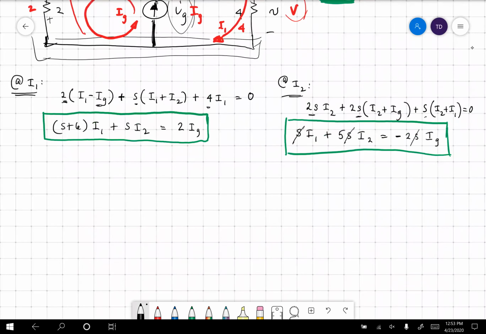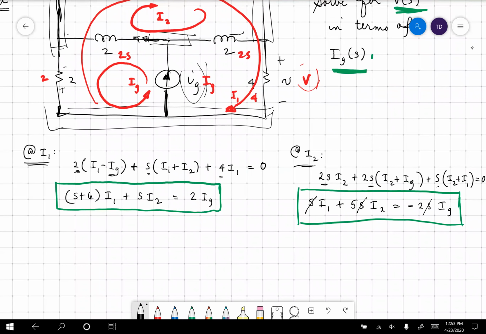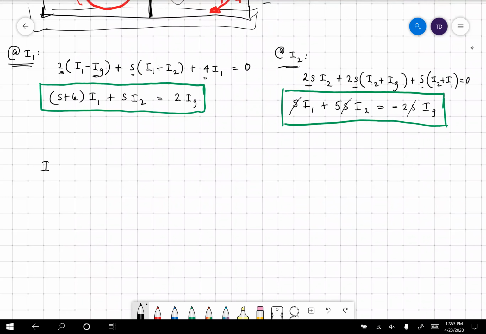So what are we solving for? We're solving for V. If we're solving for V, what do we want to solve for out of these two boxed equations? I1. Beautiful. I1 it is. So I1 equals. And again, I always start with the denominator and then I go to the numerator. Why do I do that? Because I just copy over what should be copied over from the denominator into the numerator, and then I put in the appropriate column my terms that are on the right-hand side.